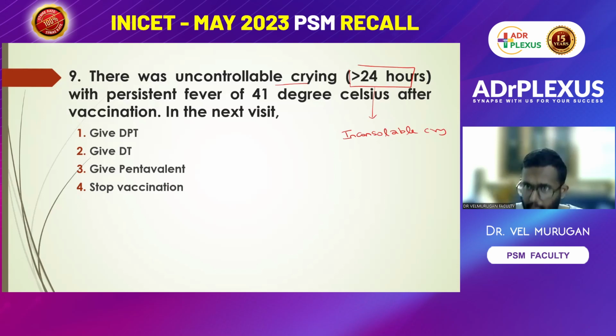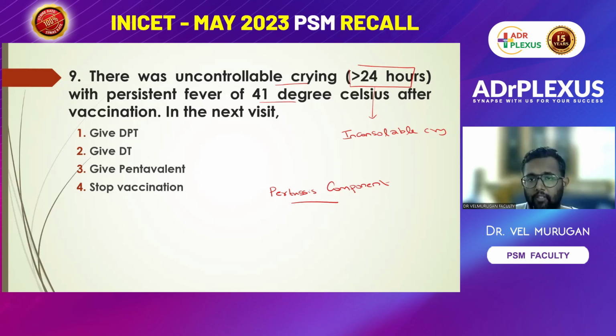That is inconsolable cry or uncontrollable crying with persistent fever. It is mainly seen with the pertussis component. It can occur as a side effect of the pertussis component of the pentavalent vaccine or the DPT vaccine. So what they tell is to avoid this pertussis component.